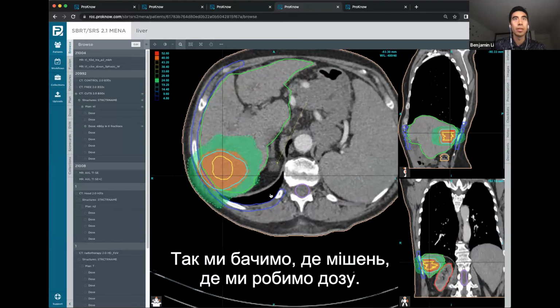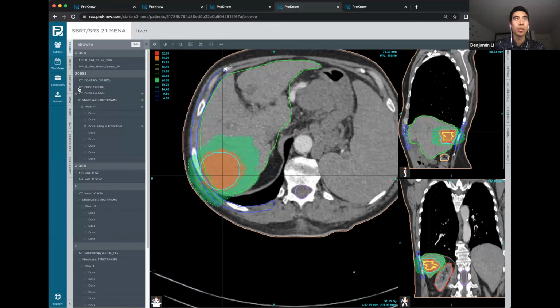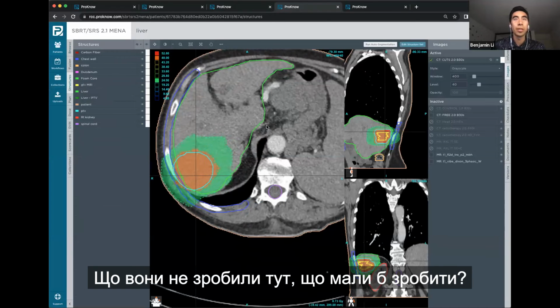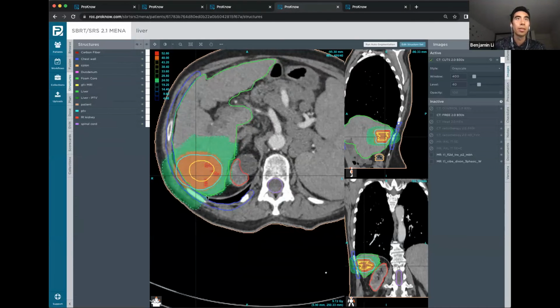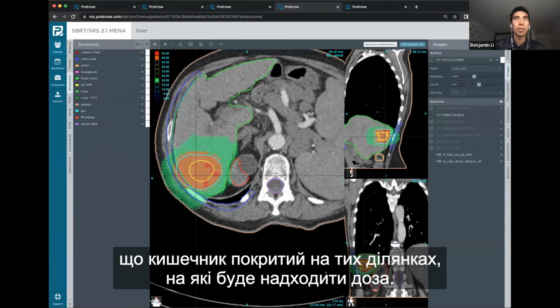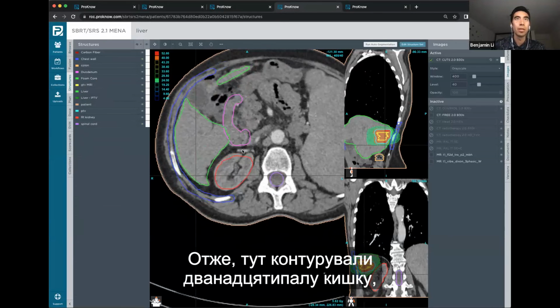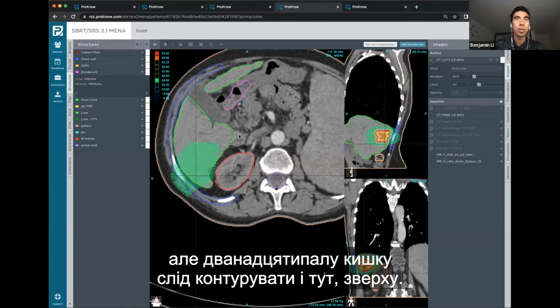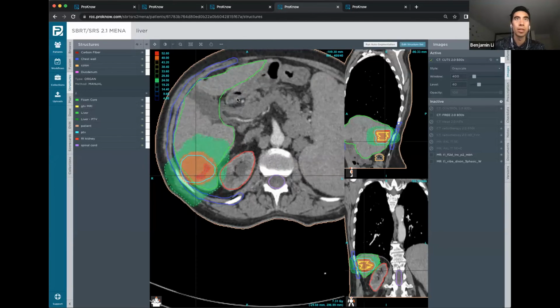So we can see where the target is, where we're doing the dose. What did they not do here that they should have done? Well, dose is going to be coming from all directions, so you want to make sure that bowel is covered on the slices where there's going to be dose. So here they contoured the duodenum, but the duodenum should also be contoured here superiorly.